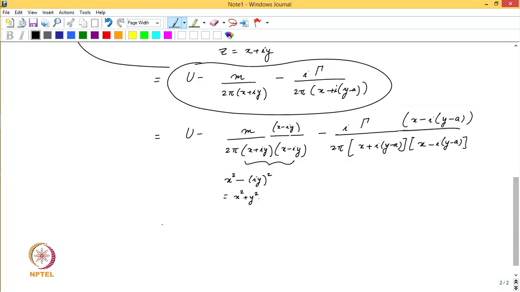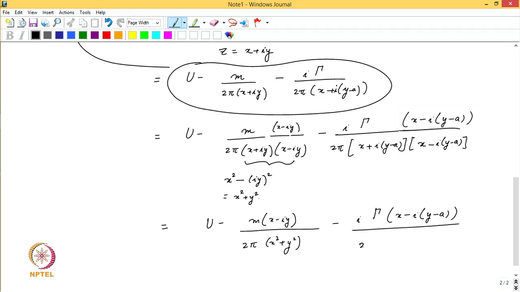Then we can write this as u minus m times x minus i y over 2 pi times x square plus y square, plus i gamma times x minus i times y minus a over 2 pi times x square plus y minus a whole square.